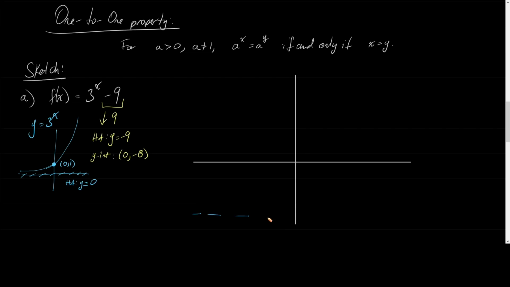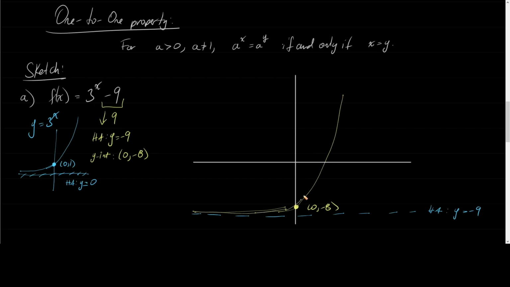So this is a horizontal asymptote of y is equal to negative 9. And we need to cross now at 0, negative 8. So 0, negative 8 would be right before that. And then we know it needs to make this shape. All right. So it needs to make that shape.